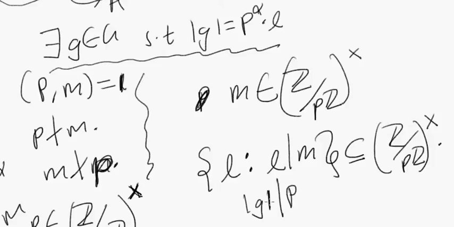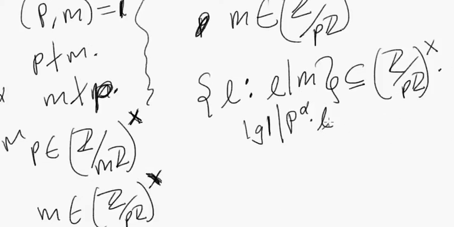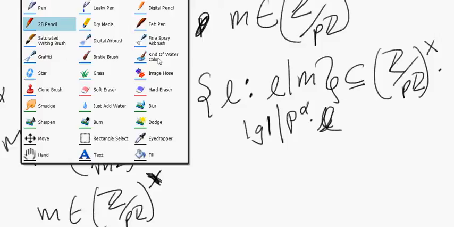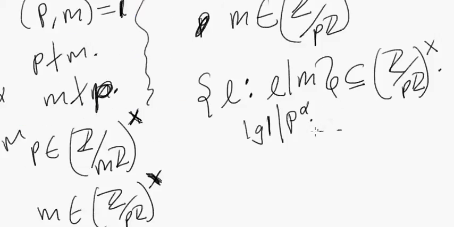So for all g, the order of g must divide p to the alpha times L. So maybe suppose we're able to find all the possible divisors. Aren't we saying that the possible orders for elements, let's say we are to count all the possible orders of elements.